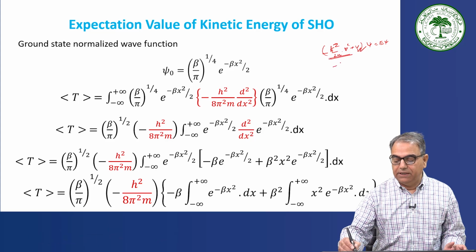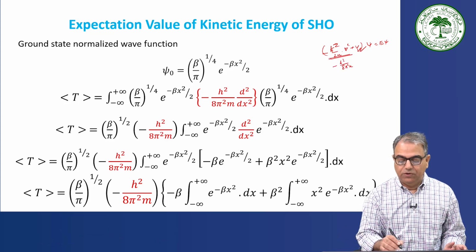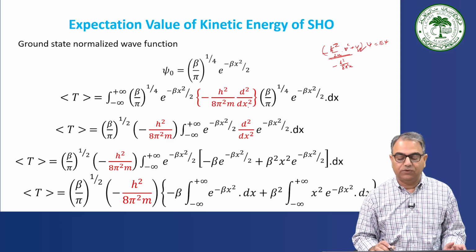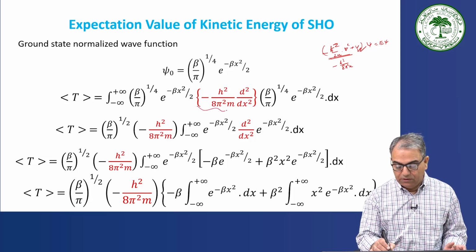This we can write as minus h square divided by 8 pi square m. So the kinetic energy operator is minus h square divided by 8 pi square m d square by dx square. So this is, in red I have written, the kinetic energy operator.